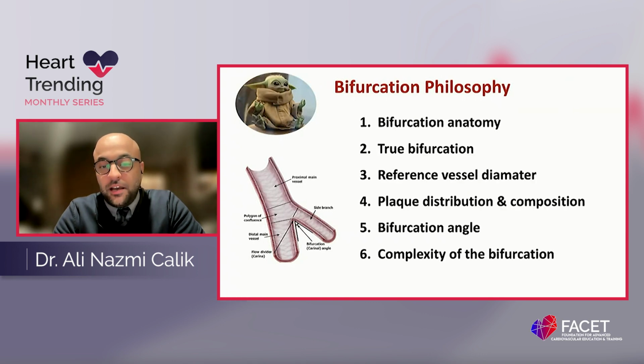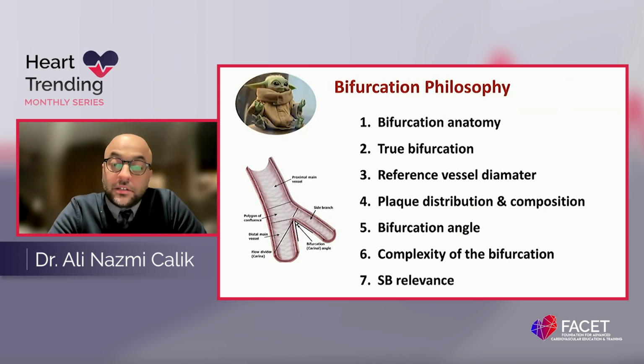As you can see, Chadi, there are some essential points to consider while approaching an individual with a coronary bifurcation lesion. First, we should understand the bifurcation anatomy, and then we should decide whether it is a true or non-true bifurcation. We should address the reference vessel diameters. We should understand the plaque distribution and composition as well as the bifurcation angle.